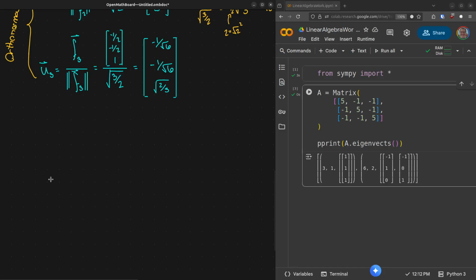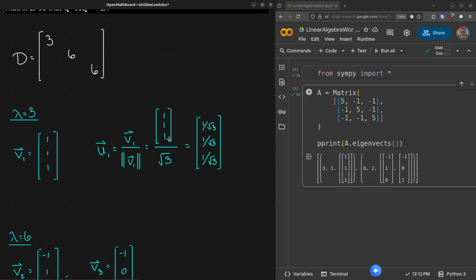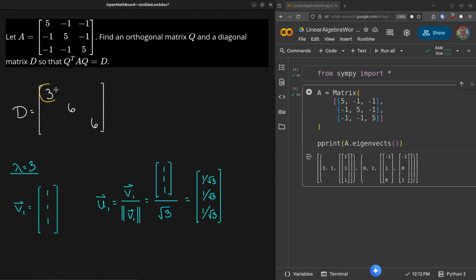Let's construct matrix Q. Okay, this is going to be our orthogonal matrix. Now, our eigenvalues are in the order 3, 6, 6. So the first column of matrix Q has to be a normalized unit eigenvector of eigenvalue 3.